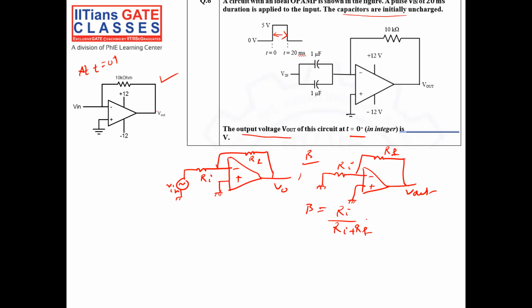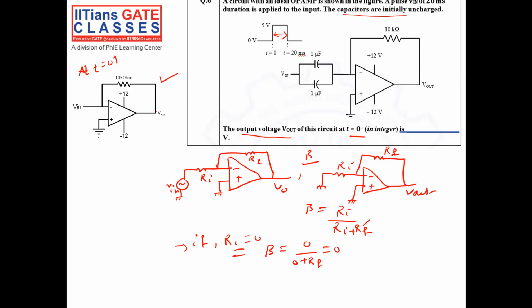So this is my feedback factor beta. Now if RI is equal to 0, what is beta? 0 by 0 plus RF is equal to 0. That means there is no feedback. When I make it 0, there is no feedback.